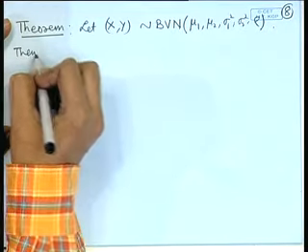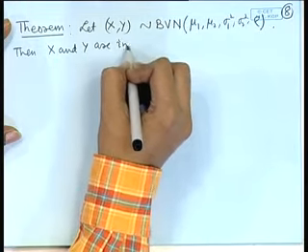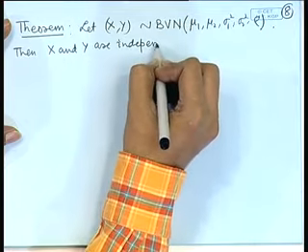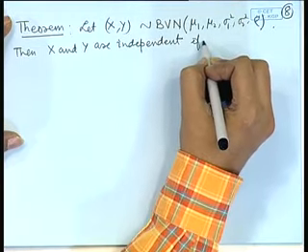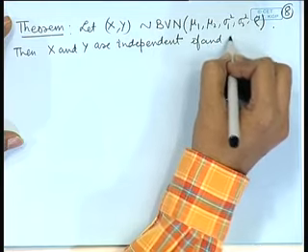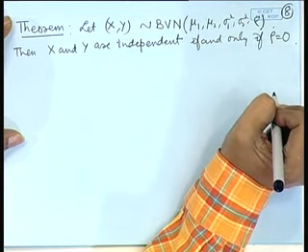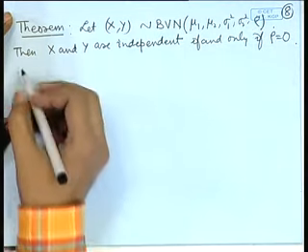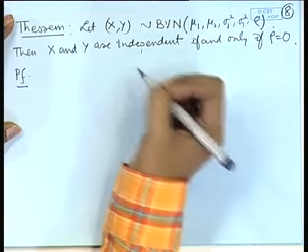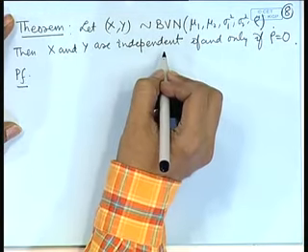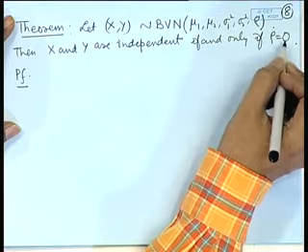Then x and y are independent if and only if rho is equal to 0. Now, we already know that if x and y are independent, then correlation is 0. So, rho equal to 0 will be true.